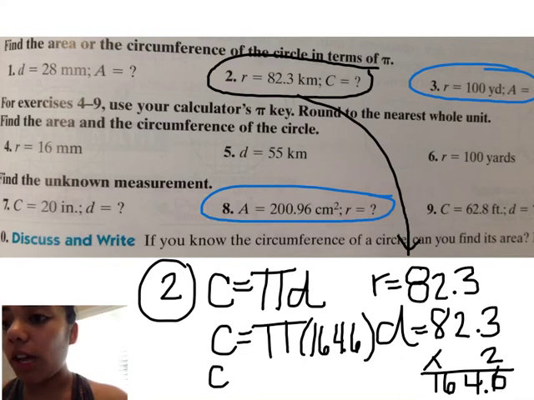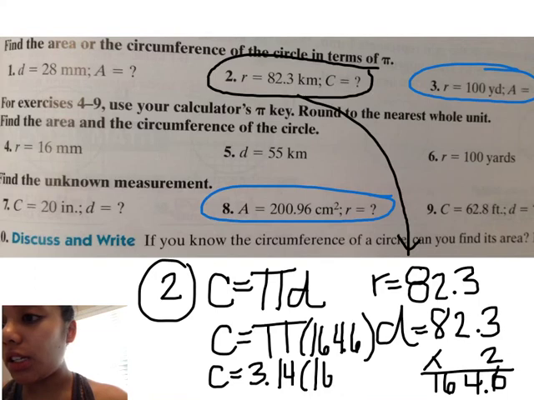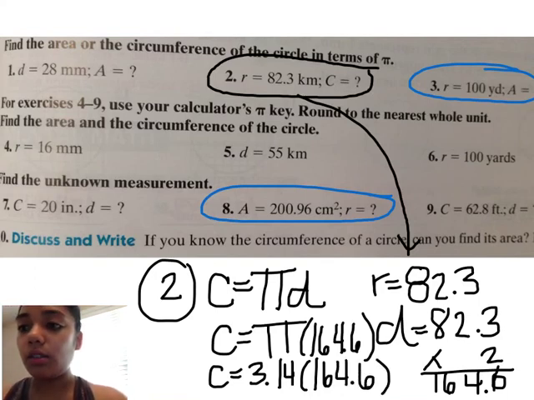So then I multiply 3.14 times 164 6/10. I'm going to make this smaller so I can finish it.